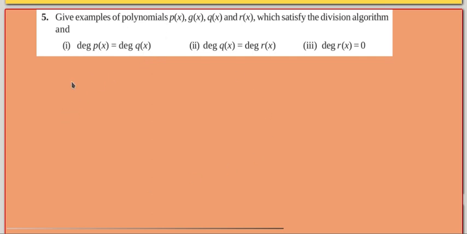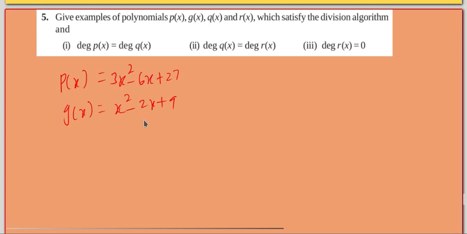Suppose we take p of x equal to 3x square minus 6x plus 27 and g of x will be x square minus 2x plus 9. So it is coming as multiples. The numbers we have to take in multiples so that it will be divisible exactly.